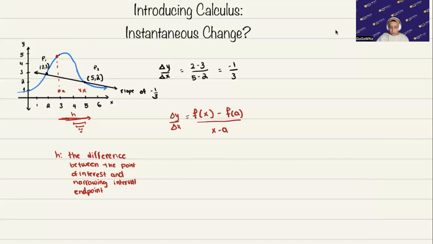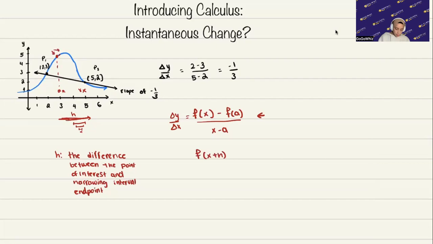So over here, this is one way of representing it, but let's say I wanted to represent it in terms of H getting smaller. Then I would write this as f of x plus h, right? So it's whatever the point of interest is, plus the distance h.